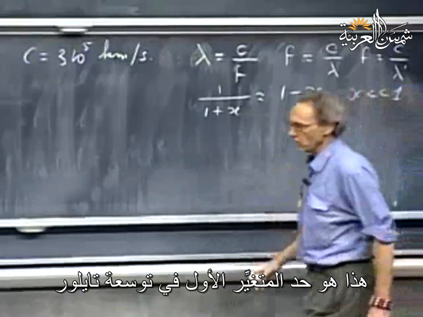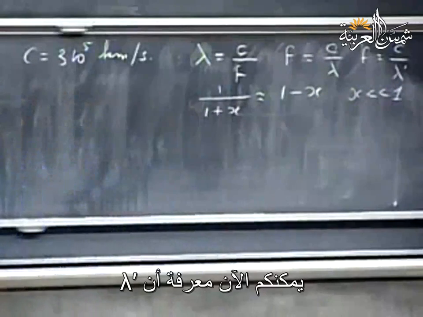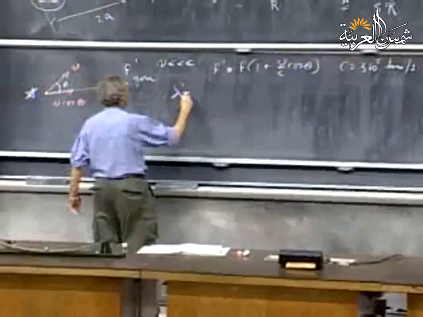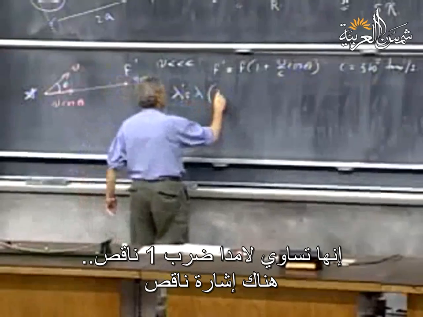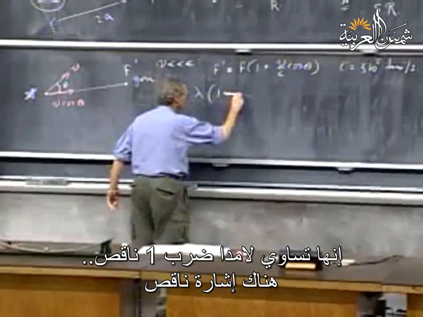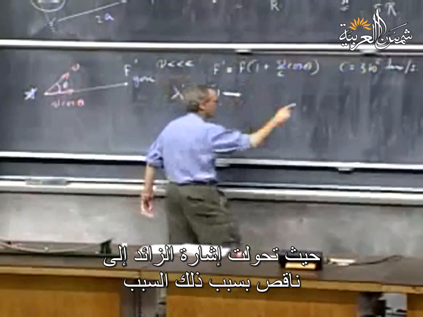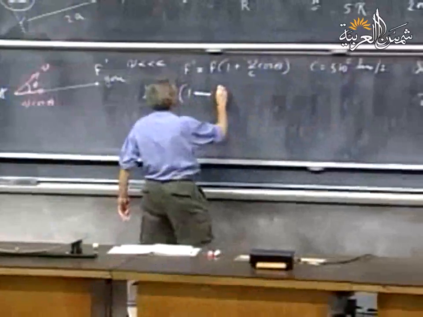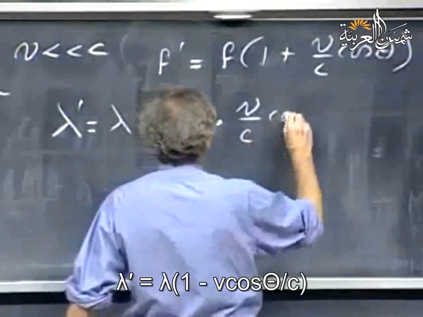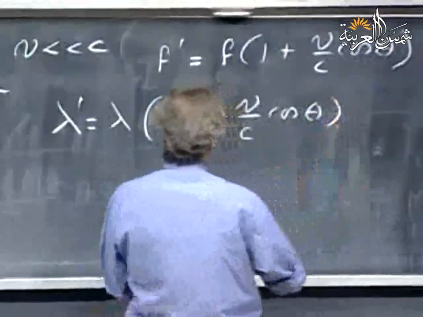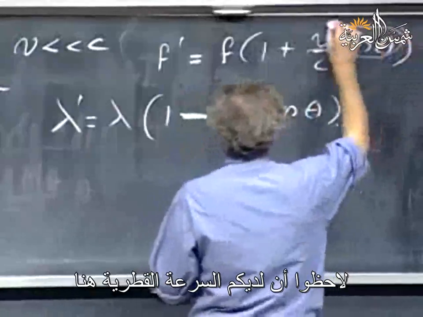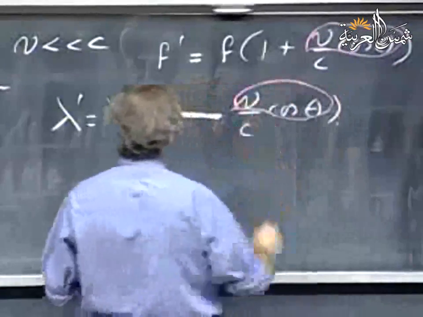This is the first order term in the Taylor expansion. Then you can find that now lambda prime becomes lambda times 1 minus, the plus changes to a minus sign, for that reason, v divided by c times cosine theta. Notice that here you have that radial velocity, and you have that here.